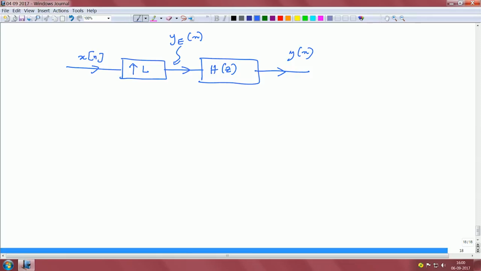Again it is common sense, because if you had a filter first and then you upsample, you are filtering, doing some operation, and then inserting zeros in the time domain, and what do you want that for?